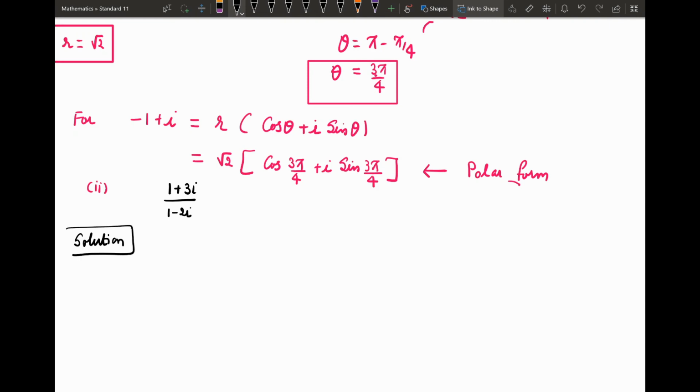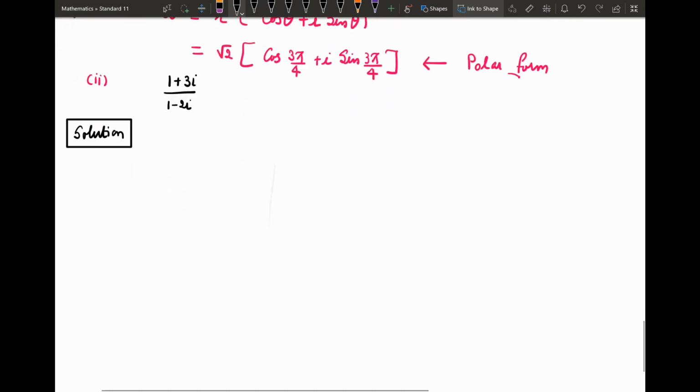Solution. So let us discuss the solution. So as usual, first we will simplify the given complex number. We will convert it into a plus ib form. Once we convert it into a plus ib form, then we will find r and theta.